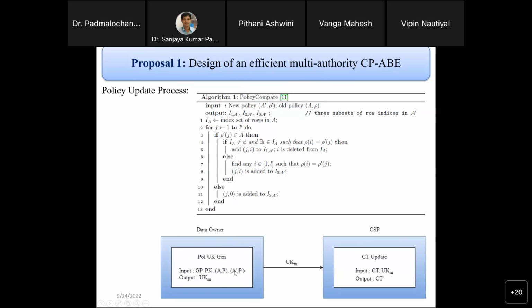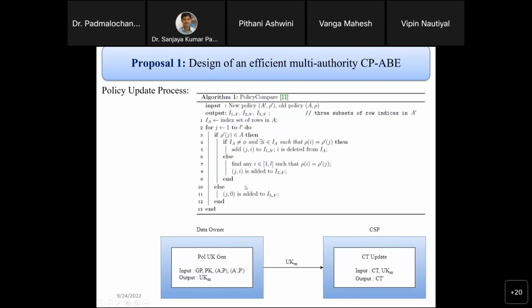So for that, essentially what happens is the data owner's policy update key generation procedure returns the update key. It takes GP, PK, AP, and the new attribute set and new policy as input, and it outputs UKM. This update key is sent to the cloud service provider, and the cloud service provider runs the CT update process, which takes the earlier ciphertext CT and UKM as input, and generates the updated ciphertext CT.